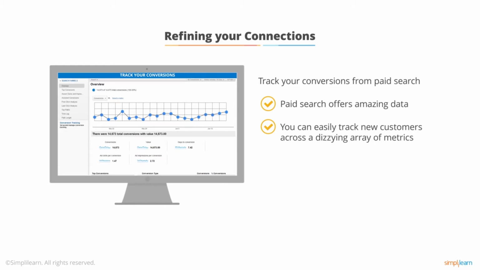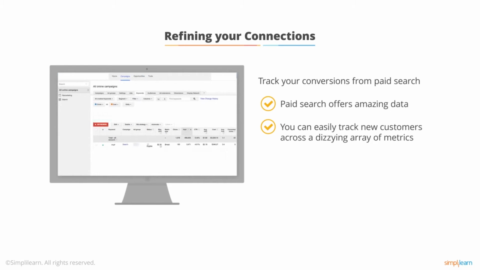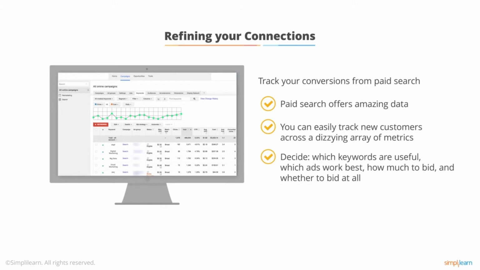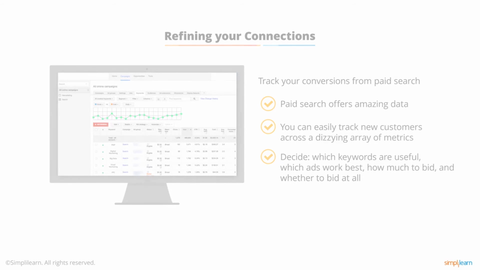And by then tracking those conversions, you can look back all the way to the beginning of the process. The keywords someone used, their search queries in an engine, and decide what words are useful, what ads are best for you, so that you look at the whole search process of how someone's searching and then bidding appropriately or deciding not to bid at all based upon these metrics.